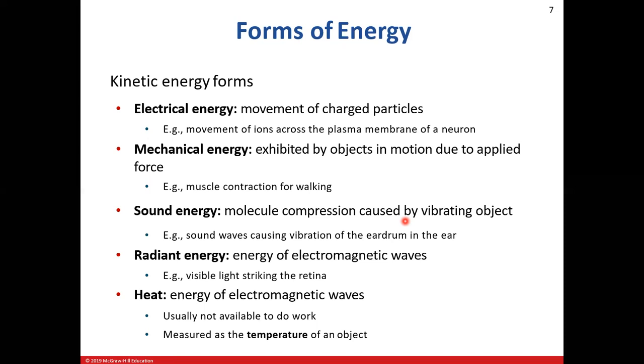We have sound energy, and this is where the molecule is compressed by some sort of vibrating object. So obviously we're going to have sound waves, and as sound waves move through the air, they cause a vibration of the eardrum. And by causing a vibration, you actually send a signal through your auditory nerves into your brain, and that's how you interpret sound.